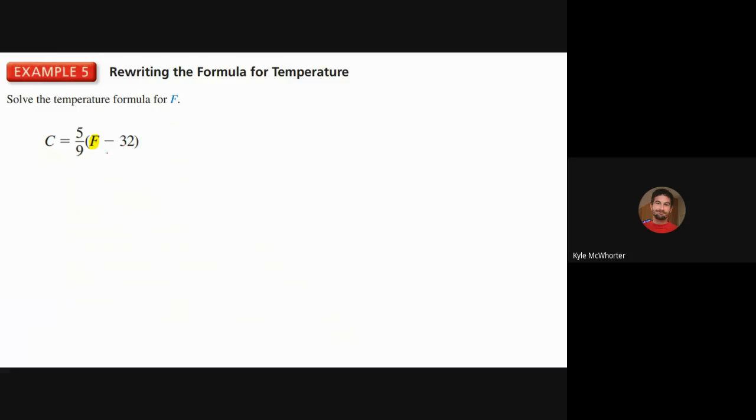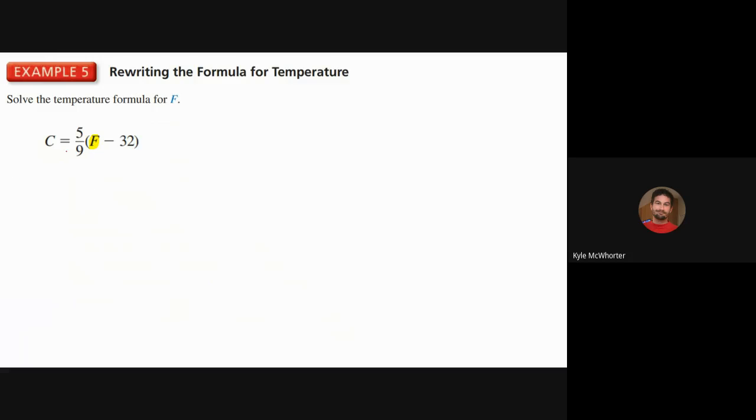The problem in this situation is that the subtraction is locked inside these parentheses. That means that what's really happening here is we're not really doing F minus 32. We're doing 5/9 of F minus 5/9 of 32. So if we tried to add 32 to both sides of the equation right now, that wouldn't actually help us.